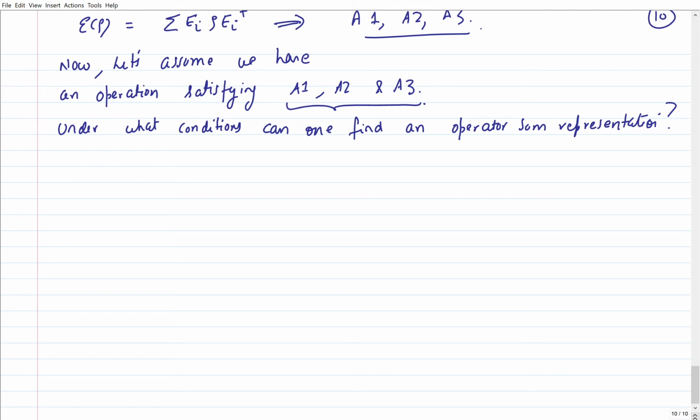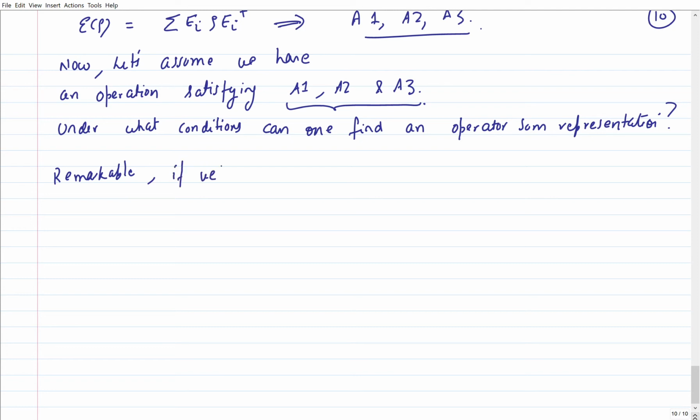And it turns out, and it's quite a remarkable thing, that if we know, I'll just write it down. Remarkably, if we know the action of the quantum operation on the maximally entangled state of a system and its mirror system, then we can find it. So I'll just write it down and it will be more clear to you guys.